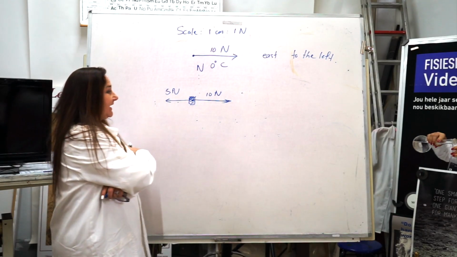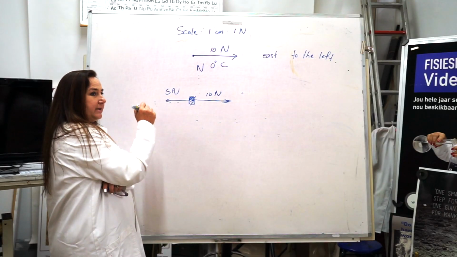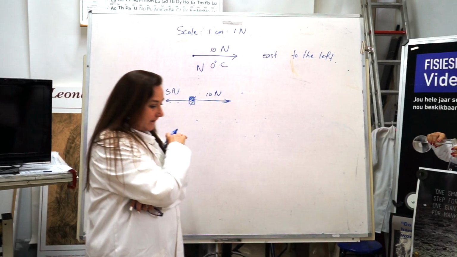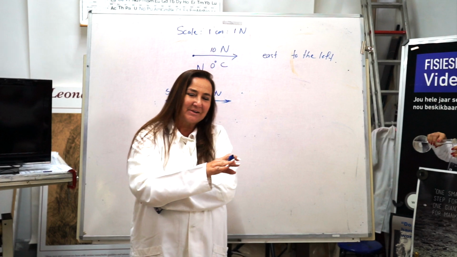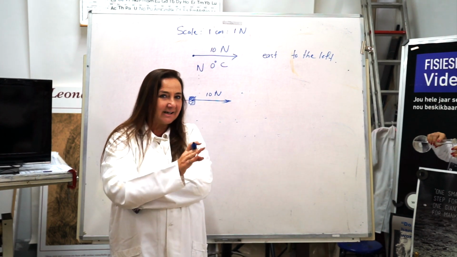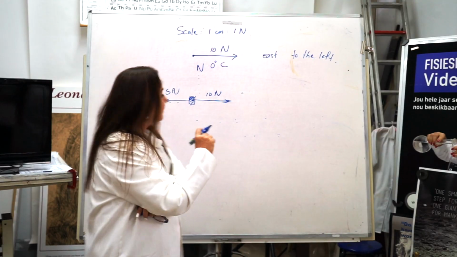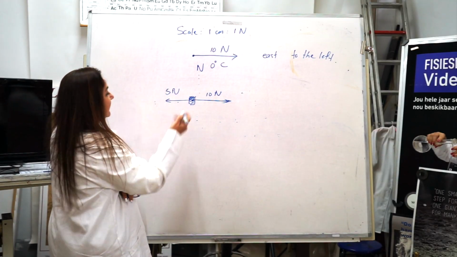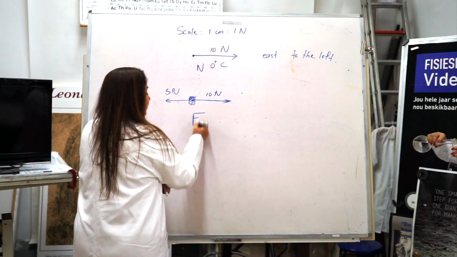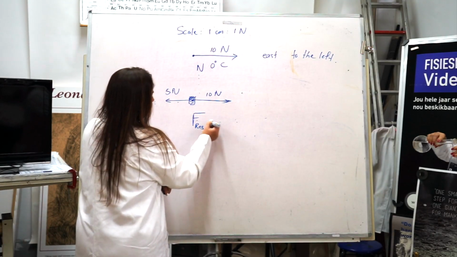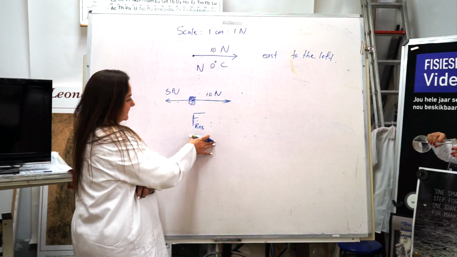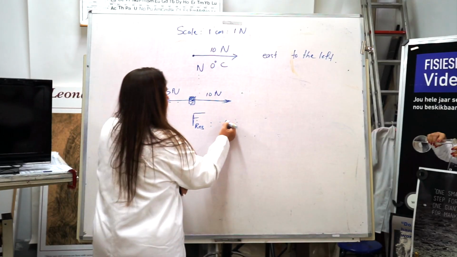Now, whenever we do physical science, the moment we have an opposite direction, we're going to use a negative in front of the value. So we're going to say the force resultant, or the net force, is going to be that 10 Newton.